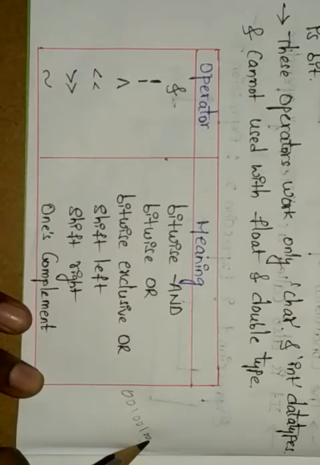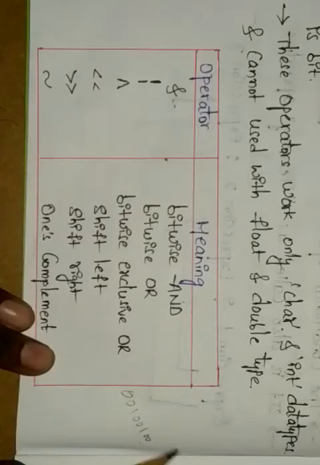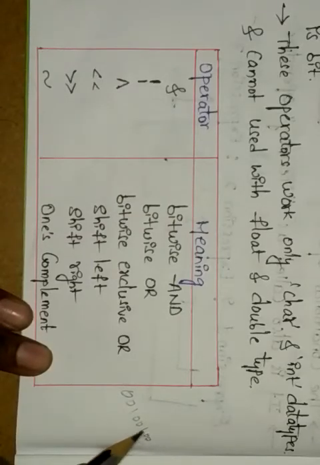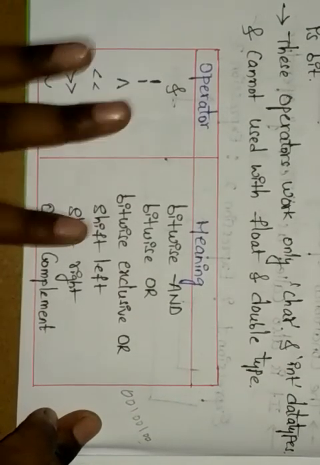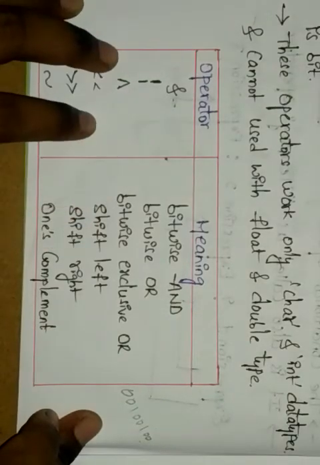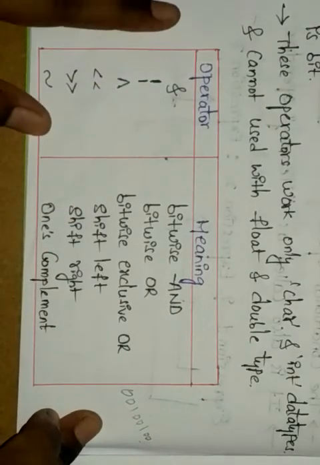You can calculate these values with the formula: 2 power 0, 2 power 1, 2 power 2, 2 power 3, 2 power 4, 2 power 5, 2 power 6, 2 power 7. If you calculate that, you will get some value. That is how the bitwise operator performs.